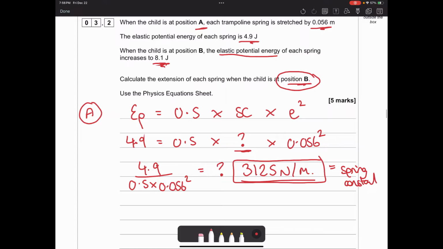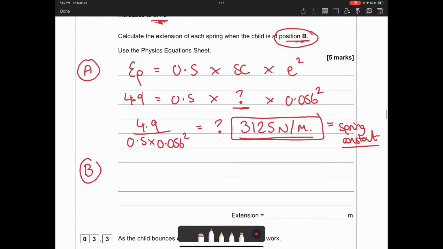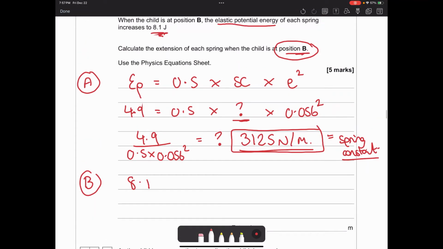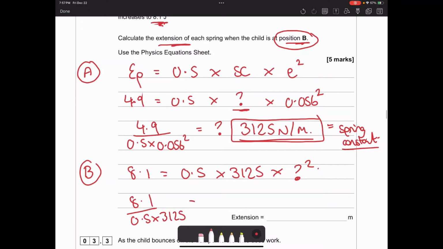Now it's the same spring between position A and B, so therefore we can carry this number forward to position B. So you've been told at B you've got 8.1 joules. So 8.1 equals 0.5 times 3,125, which we've just worked out, and then we're figuring out the extension at B. Now, if I want to rearrange this equation, I would do 8.1 over 0.5 times 3,125, which would give me my extension squared.